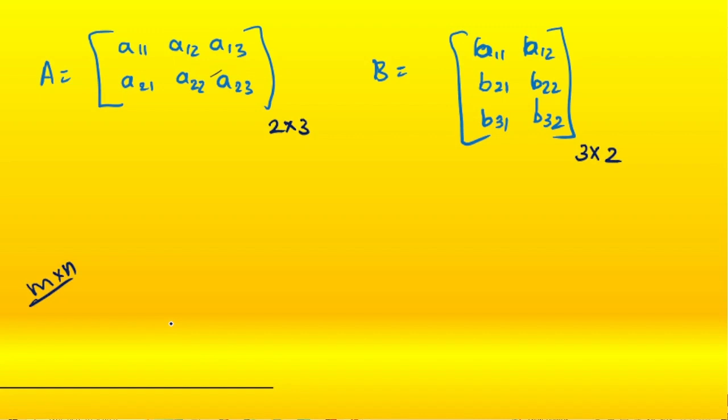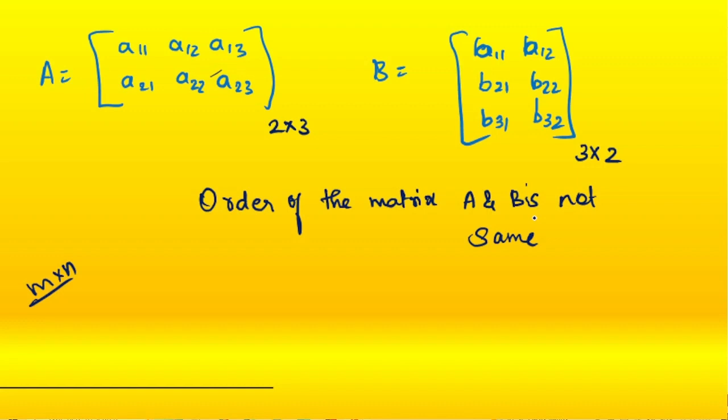Both are different. When it comes to matrices, a 2 by 3 matrix and a 3 by 2 matrix are entirely different. So the order of matrix A and B is not the same.